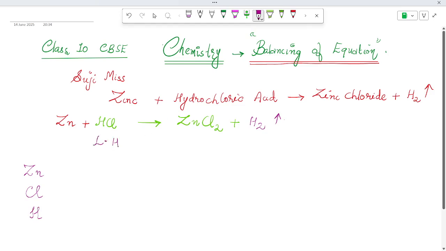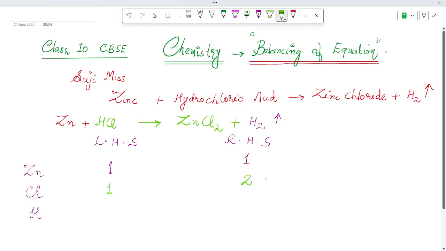On the left hand side, zinc, how many atoms are present? 1. And on the right hand side, how many atoms are present? Also 1. What about chlorine? In the case of chlorine also, it is only 1. Here at this side, there is 2.